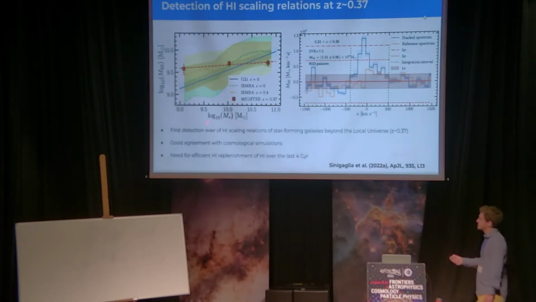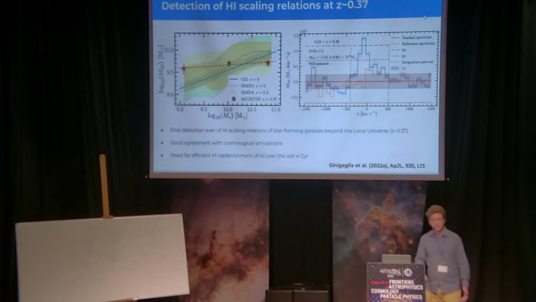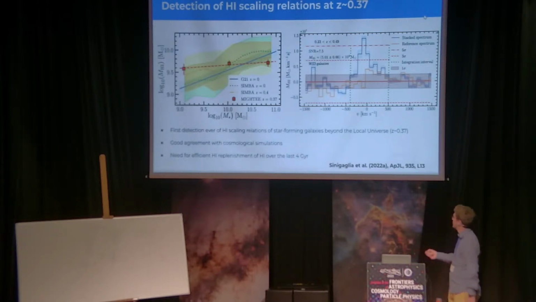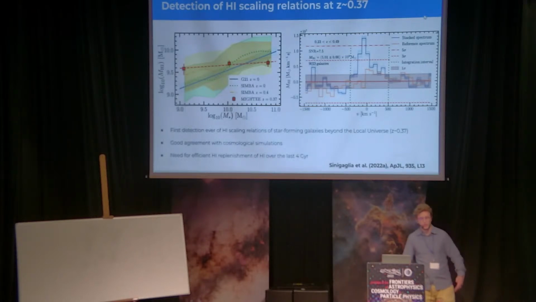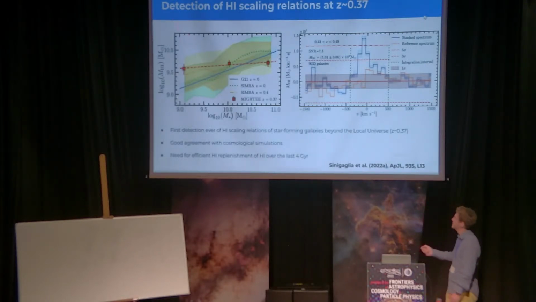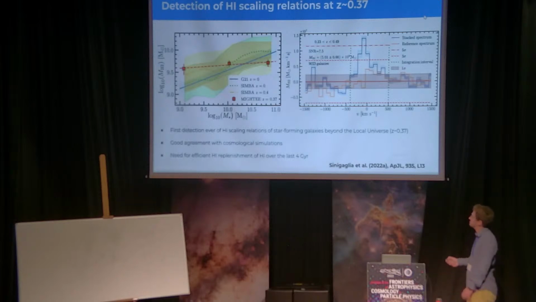So this is the first detection ever of this kind of objects, which is important for various reasons. We see that there is a good agreement with cosmological simulation. You might argue, okay, within a huge scatter, that's true, but it's still something.